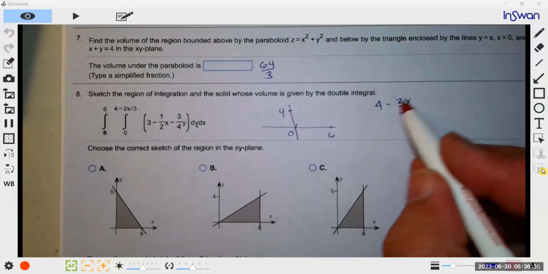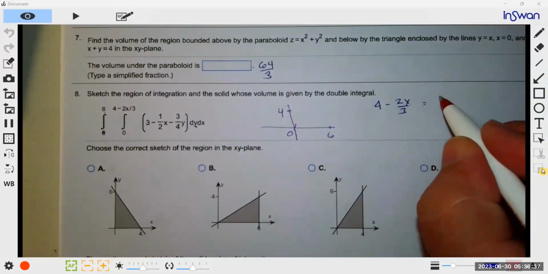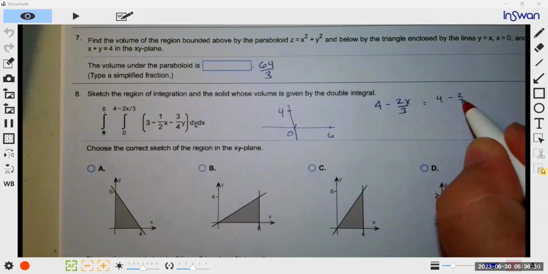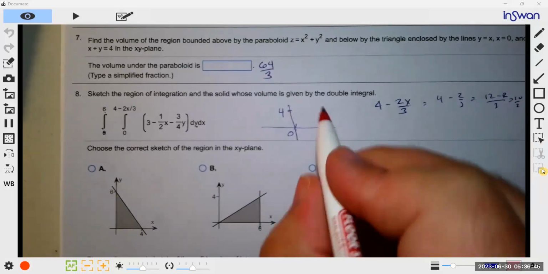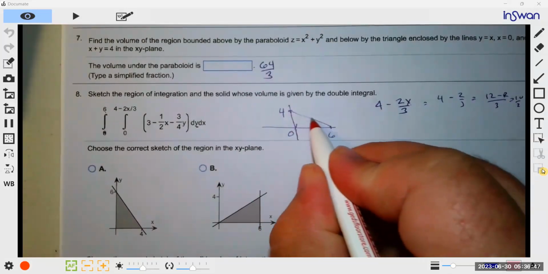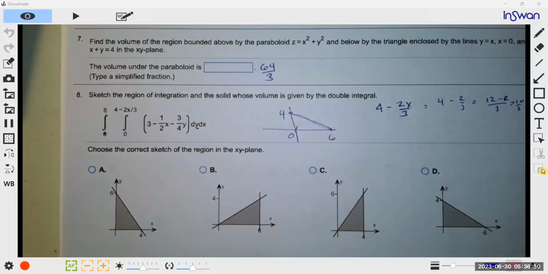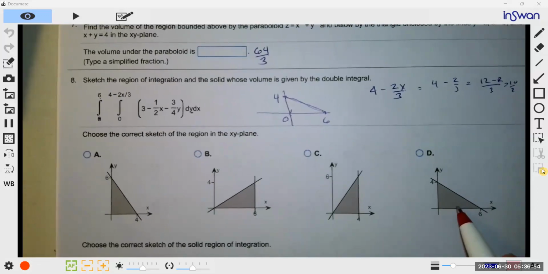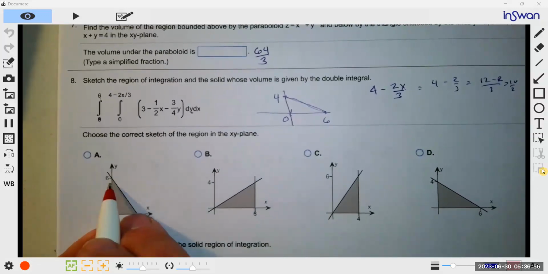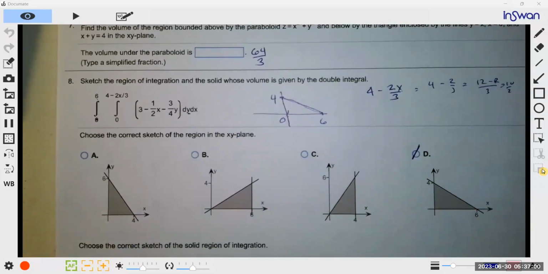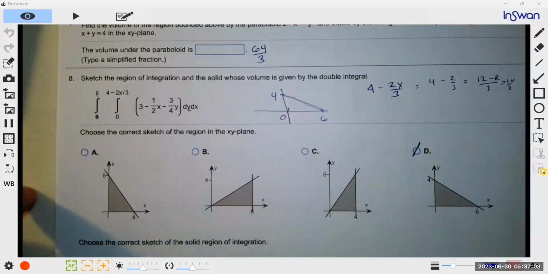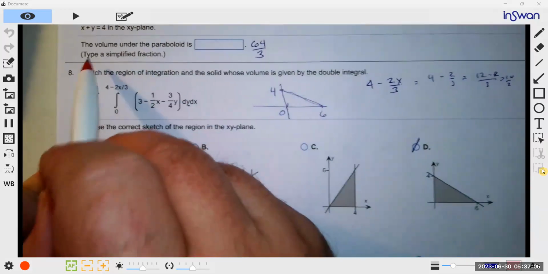When x is 1, it's 10/2, shows a downward slope. So that one is wrong. This is the wrong endpoints, wrong graph, so it has to be D. Now, what is it going to look like with our function?